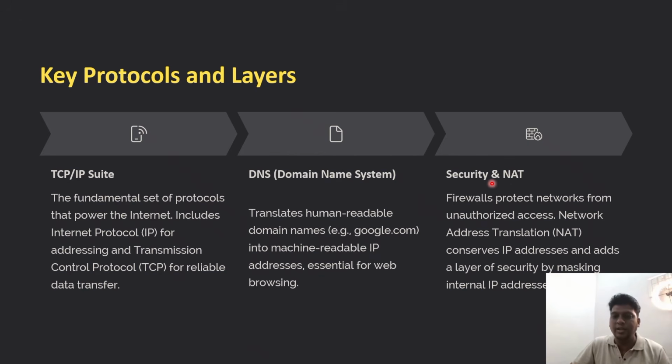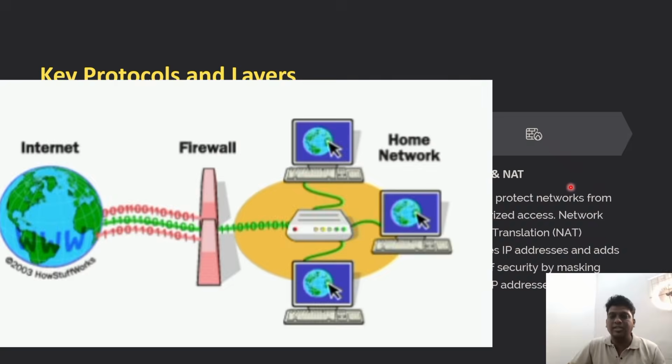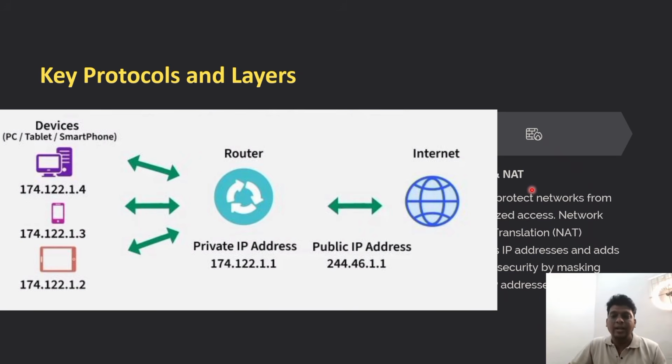Then the third one is security and network address translation. The firewall across the network prevents unauthorized access. Then NAT adds a layer of security by masking our internal IP addresses.